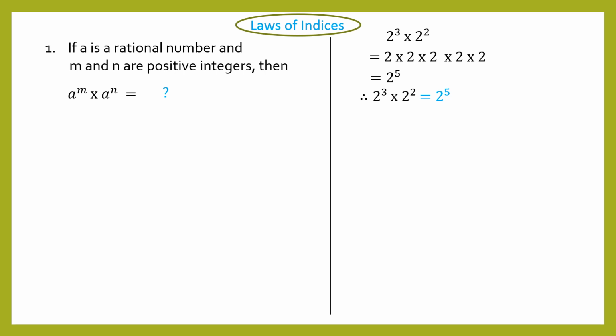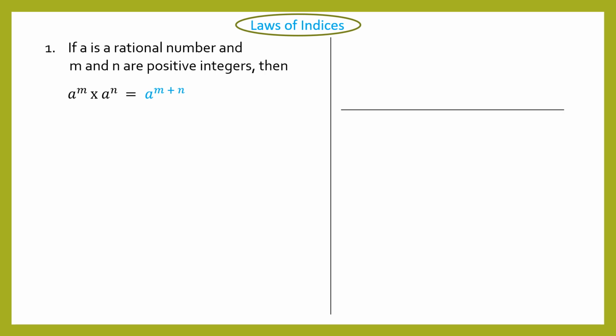So a raised to m into a raised to n similarly can be written as a raised to m plus n. So the law becomes a raised to m into a raised to n is equal to a raised to m plus n.